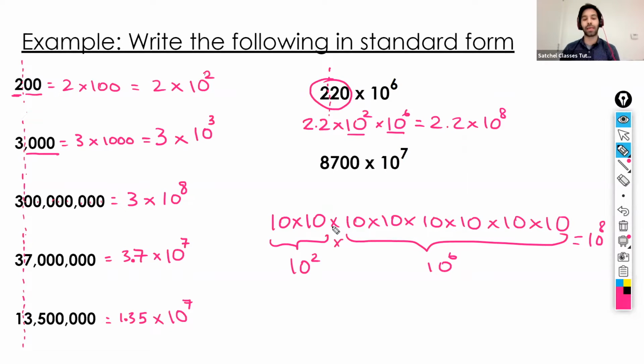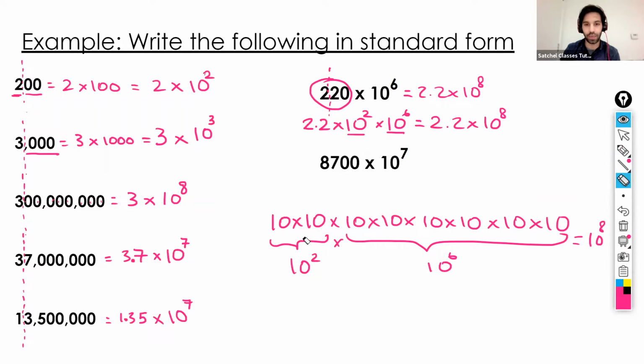But like I said, if we have very, very large numbers or very, very large powers, it might be a little bit tricky to list out all the tens that we have. So as good practice, it's important to realize that when the base is the same and we multiply two numbers, we simply add the powers. So with this case, our answer here is going to be 2.2 times 10 to the power of 8.